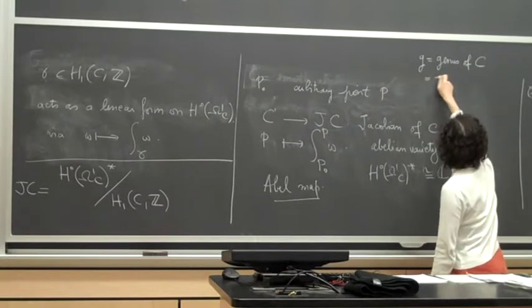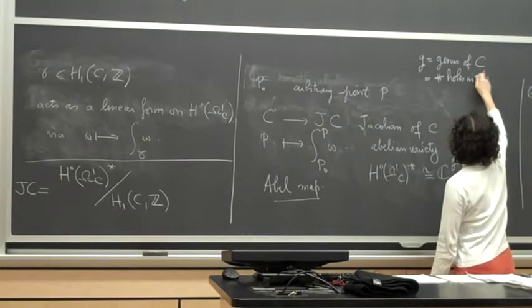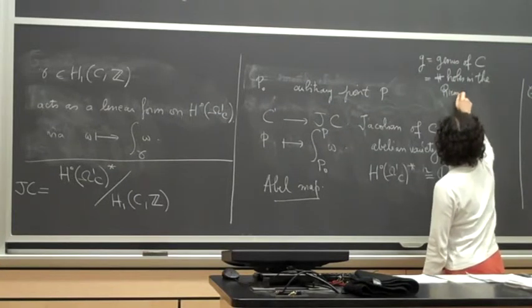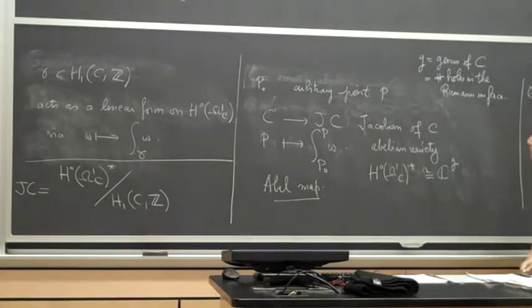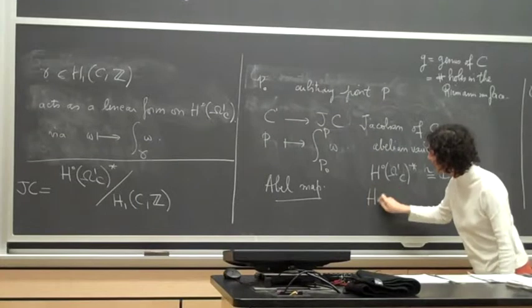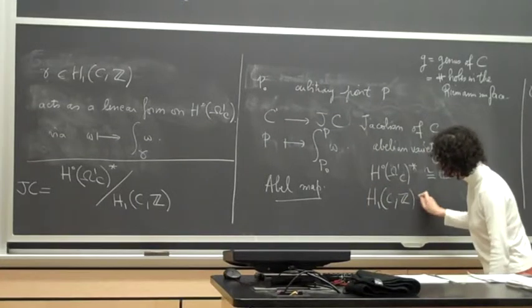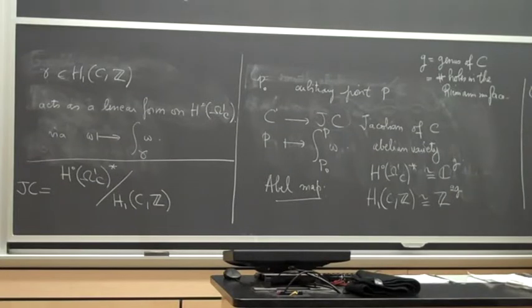It's the number of holes in the Riemann surface, right? And then you can also show that H1 is isomorphic to Z to the 2g.